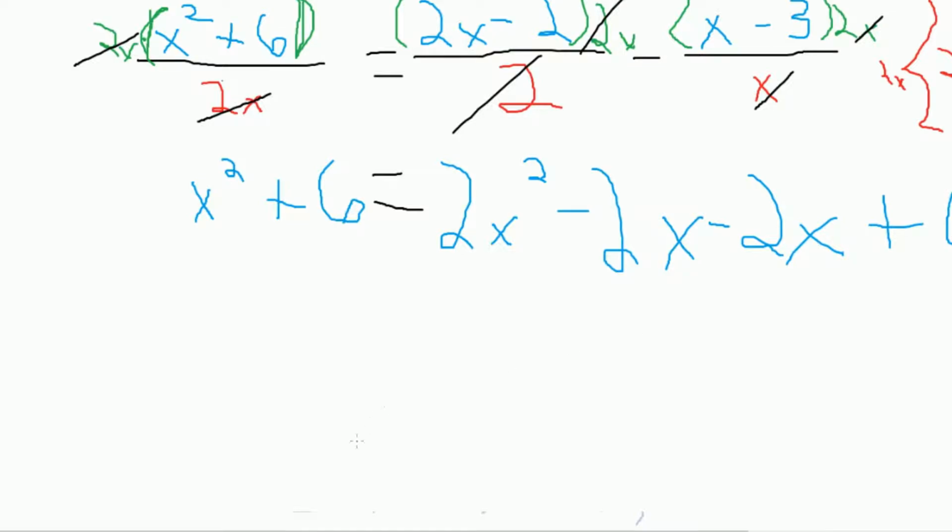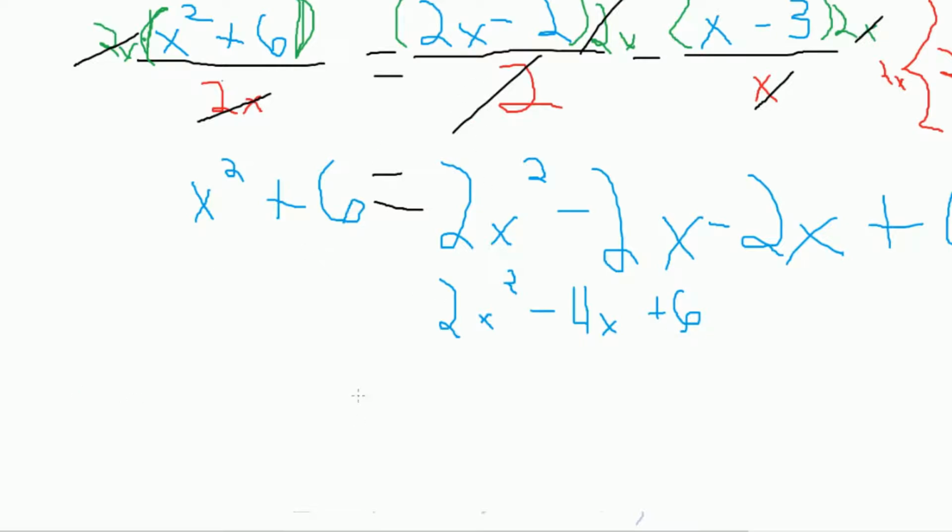After all of that, we need to combine all the like terms, which becomes 2x squared minus 4x plus 6.